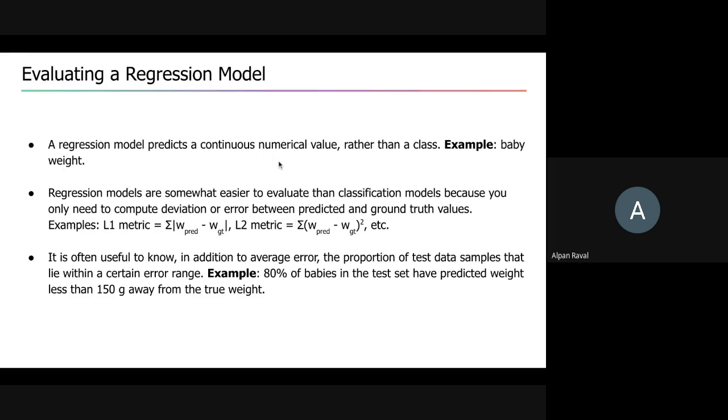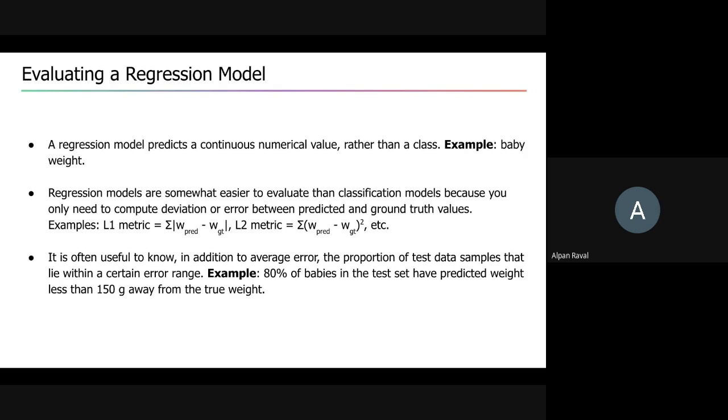And with these models, you don't have to convert them to 0, 1 class models, so you don't have to set an operating point or a threshold or anything like that. You just interpret the predicted value as it is. If the AI model predicts baby weight to be 1.2 kg, it is 1.2 kg. There's nothing else to be done.